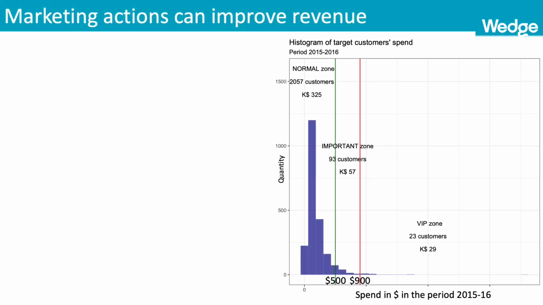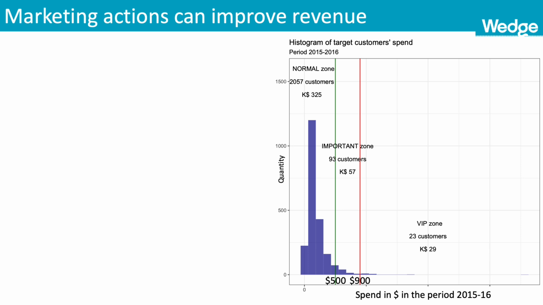A practical way to see the three classes is by using this histogram, which represents the spend in dollars for the period for the target customers. This analysis has found 2,173 target customers. However, depending on the capabilities and budget of the marketing department, this list can be reduced.